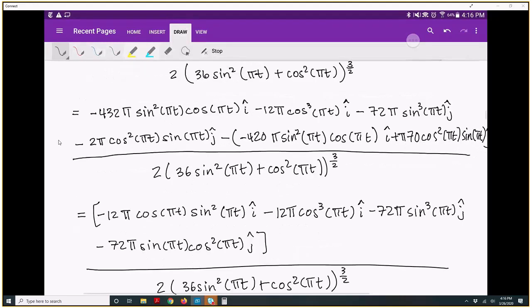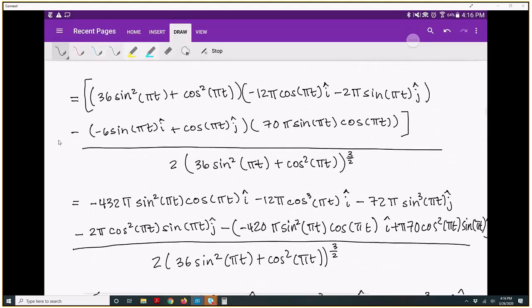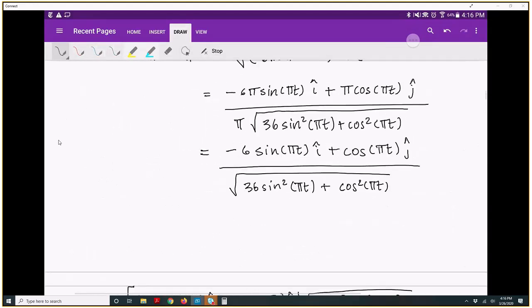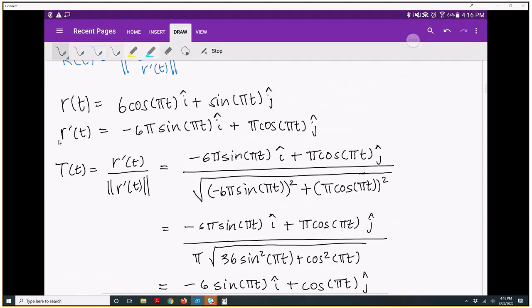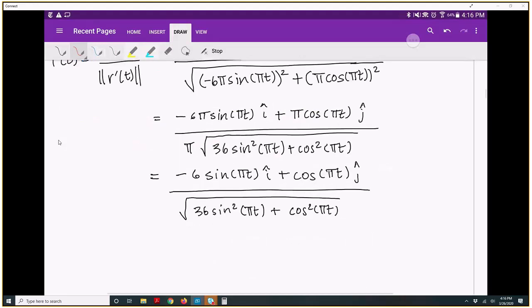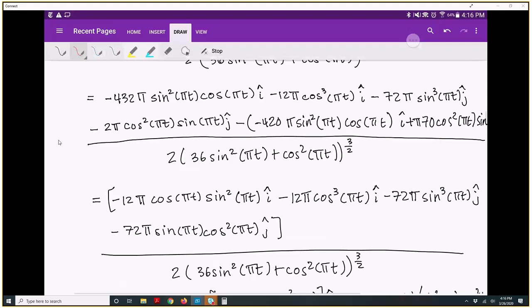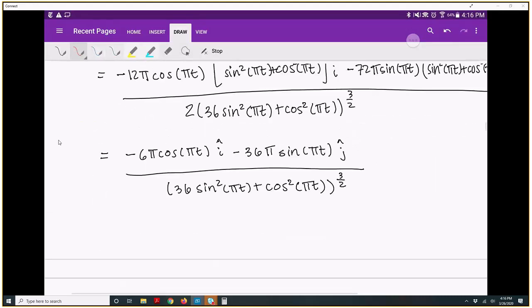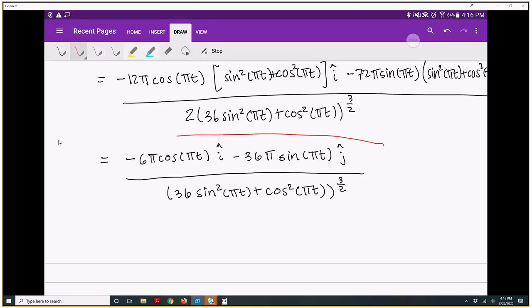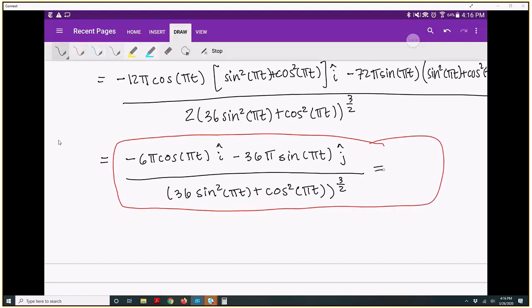So now we know our T prime and we know our R prime. So we're going to use those. R prime here. This is our T prime. Okay, so we're coming down the home stretch.